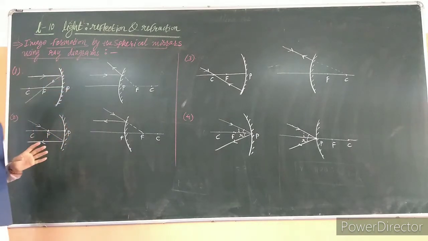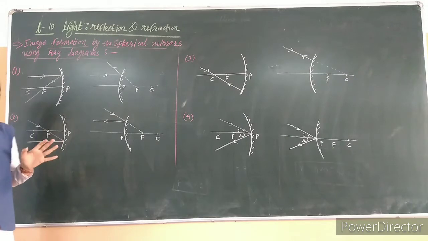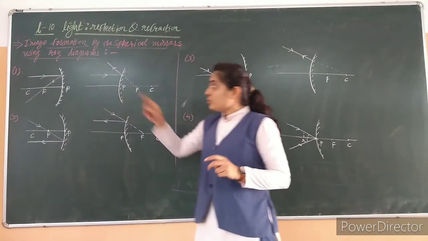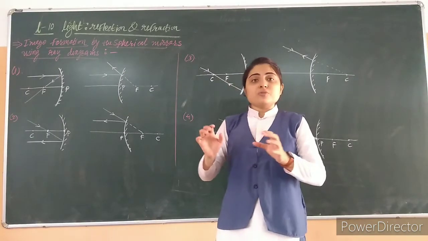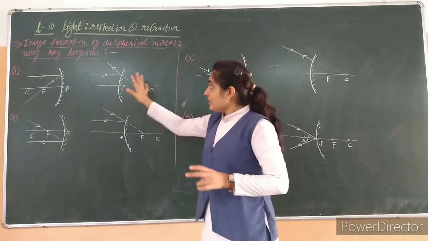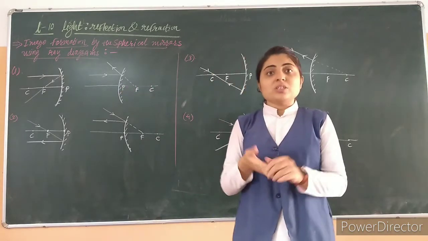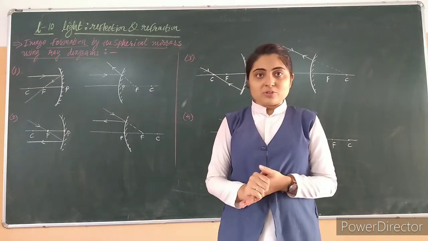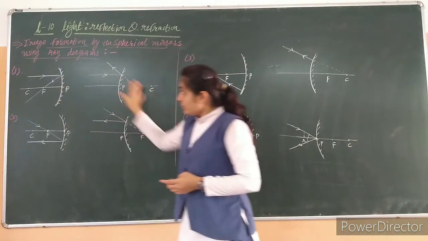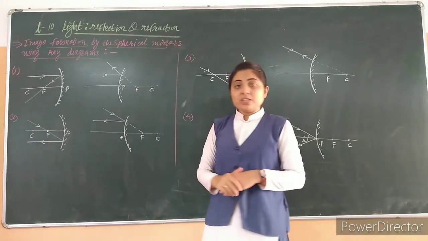Image formation by spherical mirrors using ray diagrams: we are representing the light rays as rays, and this kind of diagram is known as a ray diagram. So let us take them one by one.